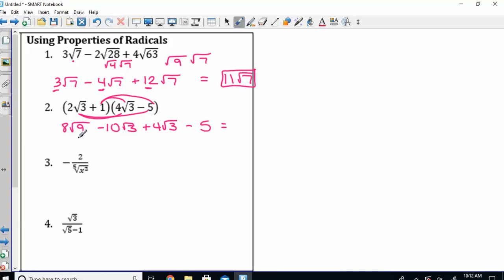The square root of 9 is 3 times my 8 that's there, negative 10 radical 3 and positive 4 radical 3, give me a negative 6 radical 3.